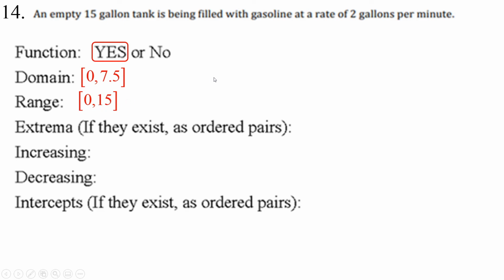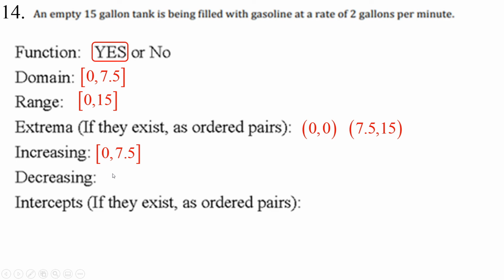And the extrema, well, (0, 0). When I started filling my gas tank, it was empty. And when it was full, it took 7.5 minutes to fill 15 gallons: (7.5, 15). Increasing. Well, it's increasing throughout its entire domain, so the closed interval from 0 to 7.5.